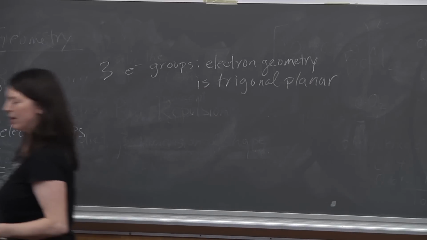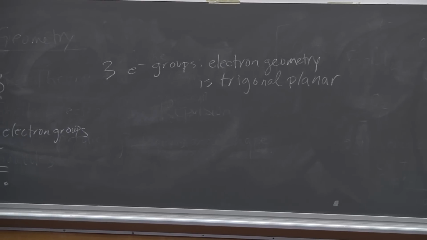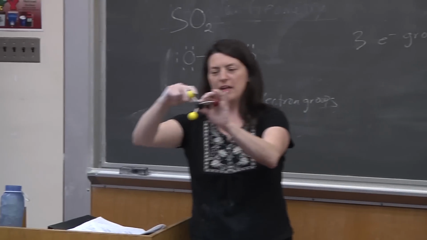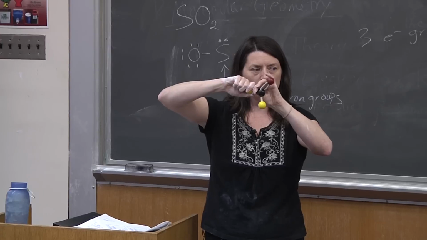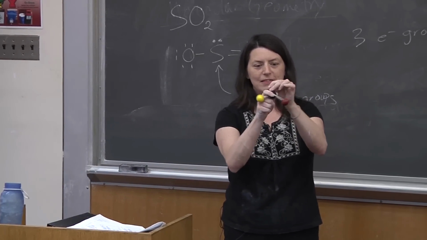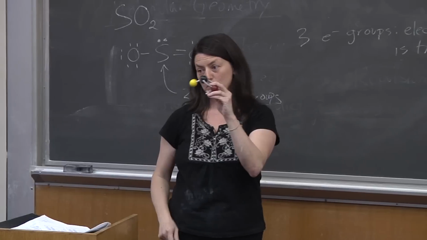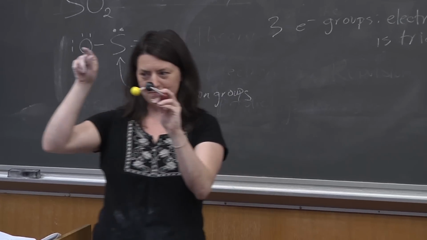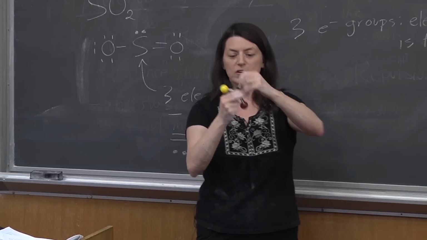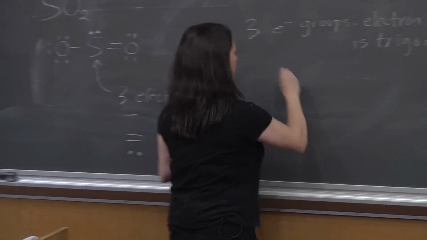But the molecule is actually not trigonal planar because if I took the atom off of here, it's not part of the molecule anymore. And you can't see these electrons. You can't see the lone pair. It doesn't look like a triangle anymore, really. So, even though the electron geometry still has that trigonal planar shape, the molecular geometry is something different.